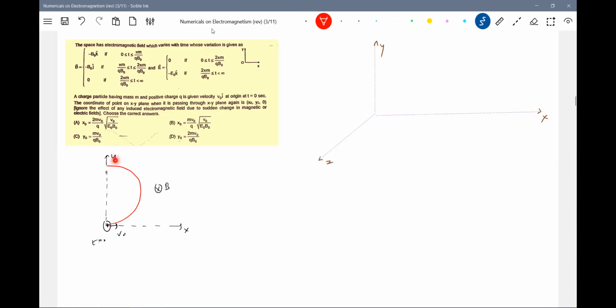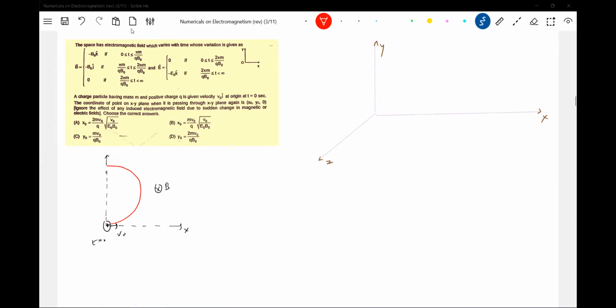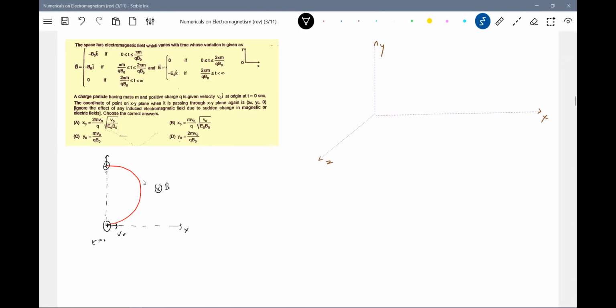It will come here, because only the magnetic field is present during this time. So this is the first interval, 0 to time t1 equals pi m by q b naught. The first part we are able to do completely.